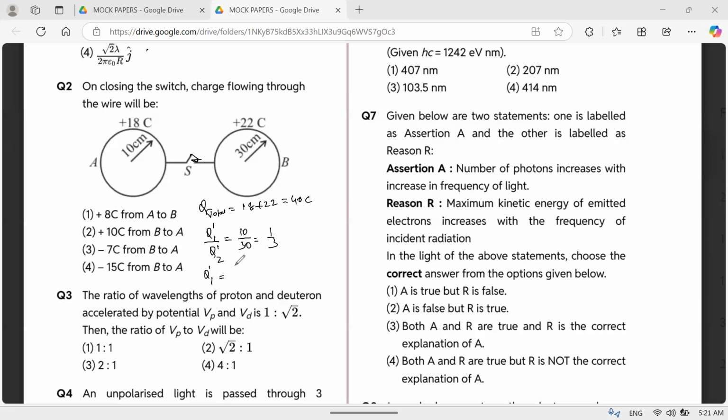What is the answer? Total charge is how much? 40 coulomb now. When you connect by a connecting wire, what can I do?